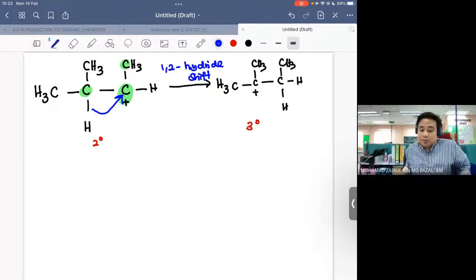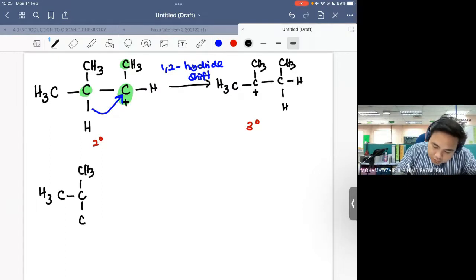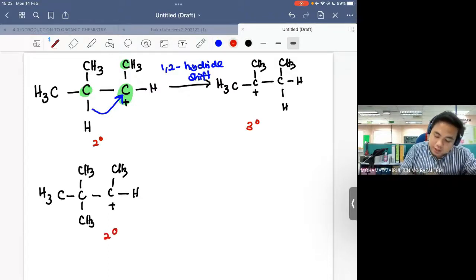Besides the 1,2 hydride shift, we have another method to rearrange a carbocation. So if I have CH3, if you look here, this is a secondary carbocation.